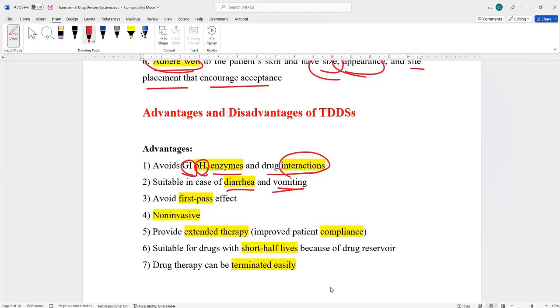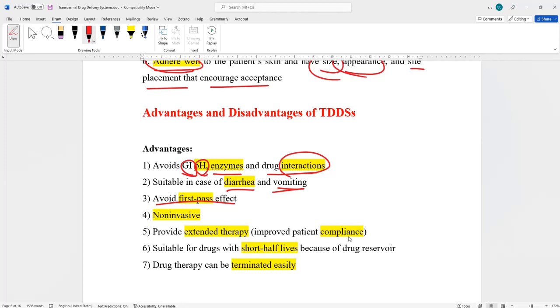Also here, there is an advantage that you are avoiding first pass metabolism. And remember, what did I tell you with this one? I told you if a drug is taken orally, it goes to the stomach and then intestine, and while it's absorbed, the first place it will go to is the liver. This is the first place, through the portal vein.